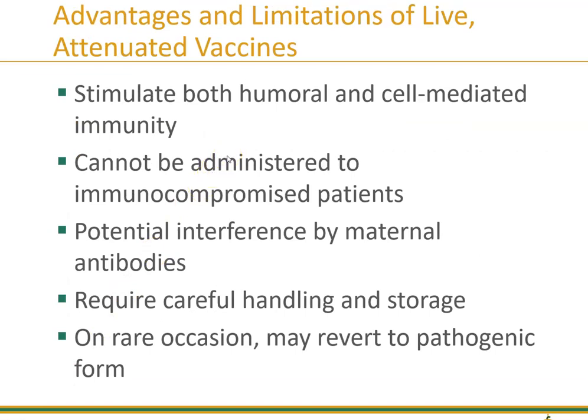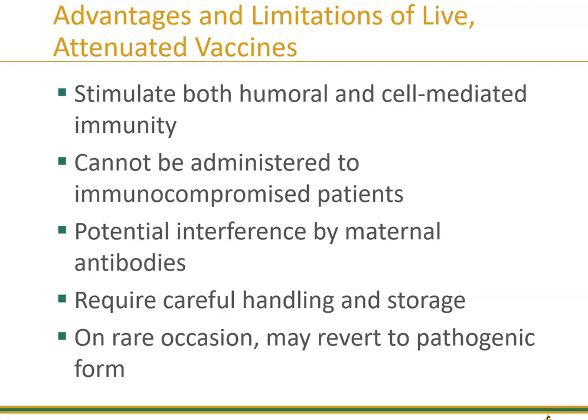So what are the advantages and limitations of a live attenuated vaccine? They stimulate both branches of the immune system, both humoral and cell-mediated. It's generally not recommended to give this to immunocompromised patients, but sometimes it is given before the system is totally immunocompromised, especially in leukemia and lymphoma patients.